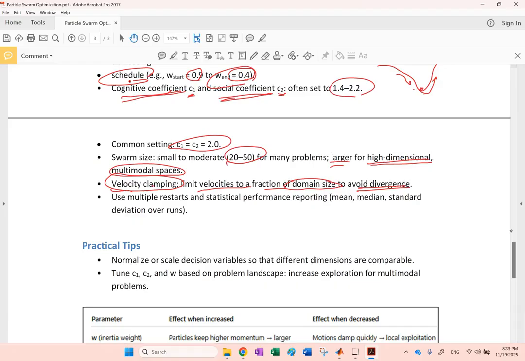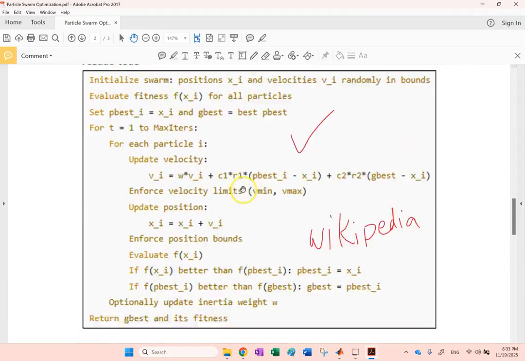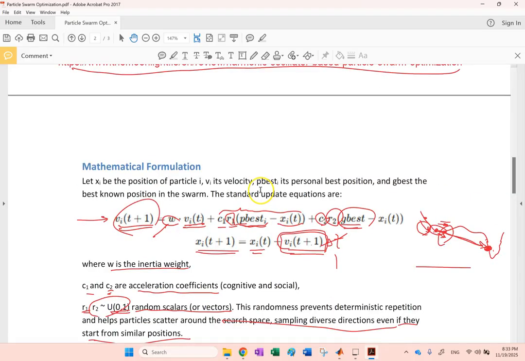The other thing you can do is use several restarts. So start with one set of particles, 20, 30 particles, let's see what they do, and then start again. And the important thing is this. The question is, where do you put the particles in the beginning? So when you start these particles, where would you put them? The answer is random.